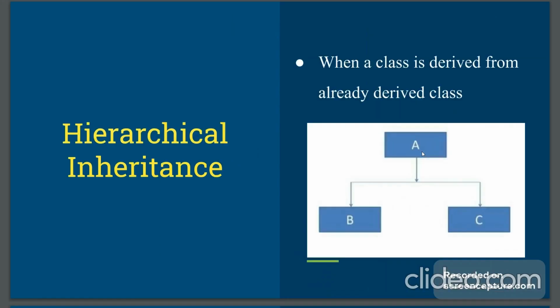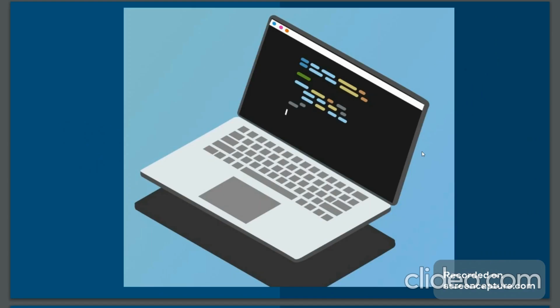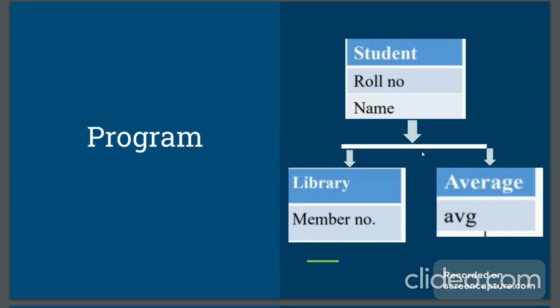Hierarchical means tree structure. When we have derived more classes from a single base class, then such type of inheritance is known as a hierarchical inheritance. Let's see how to code it. Suppose we have the same code of student roll number name, and we have to add two functionality in a parallel way.